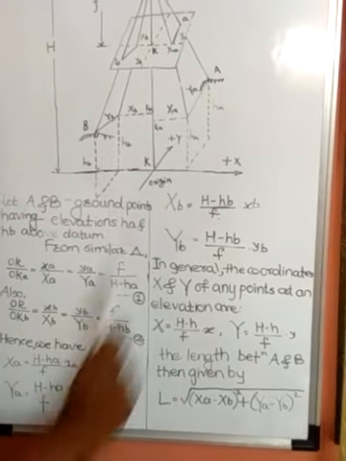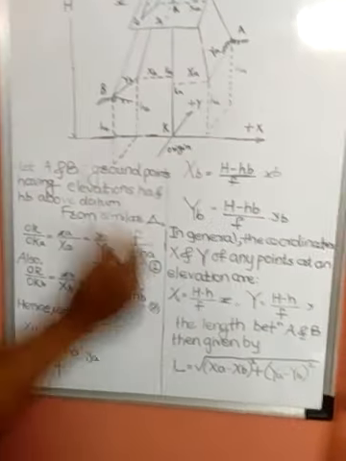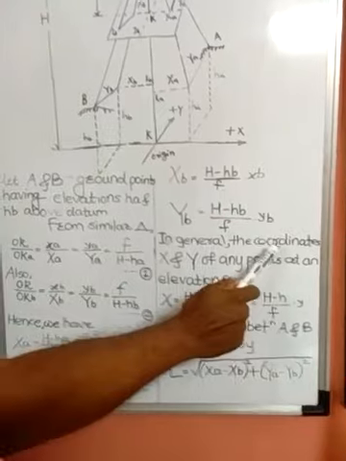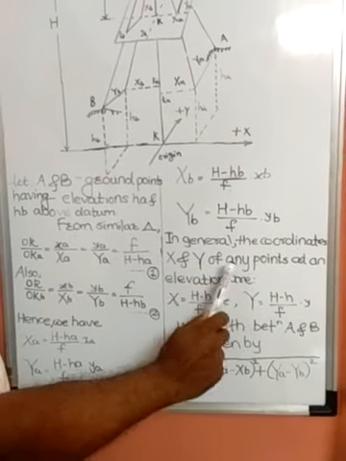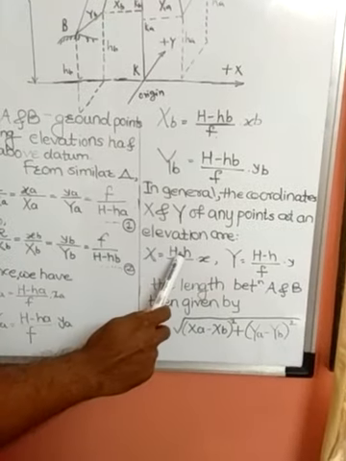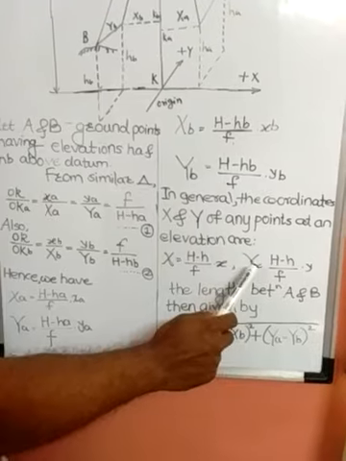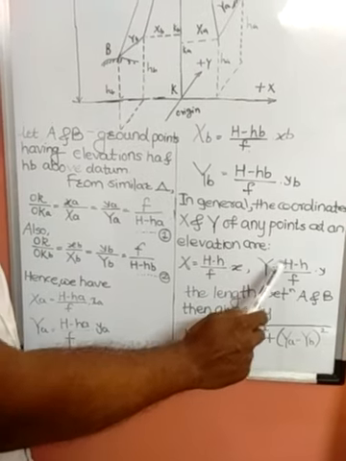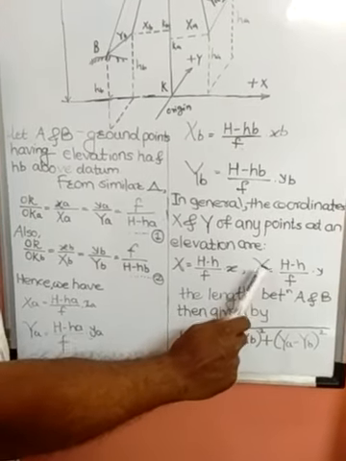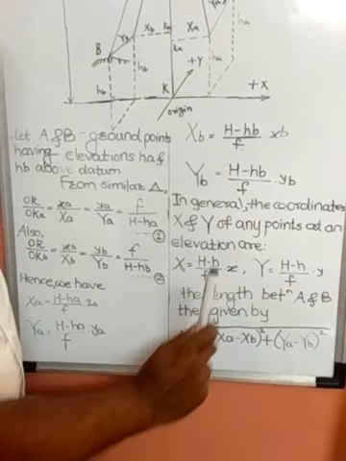From these XA, YA, XB, YB, we write the general equation for the ground coordinates X and Y of any point at an elevation h: X equals (H minus h) divided by F into x, and Y equals (H minus h) upon F into y.